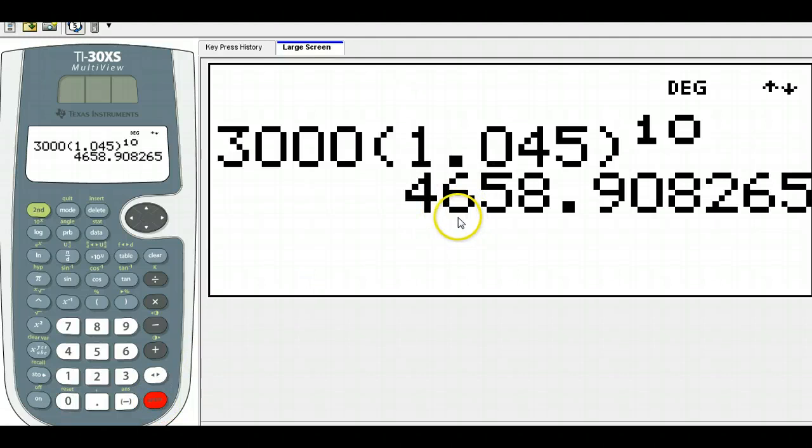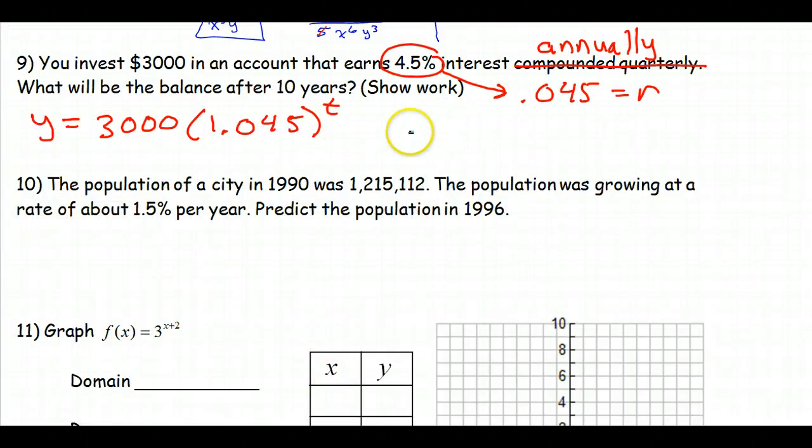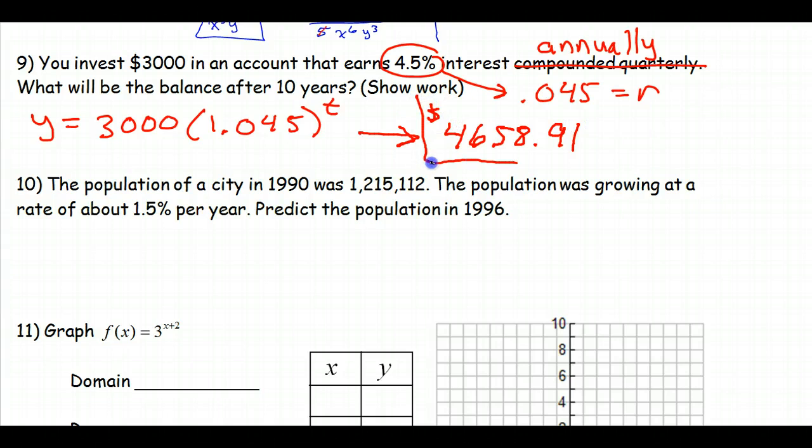So in 10 years, we would have $4,658.91. Okay, so that is how you would do number 9 if we go ahead and change this to annually, which I want you to do.